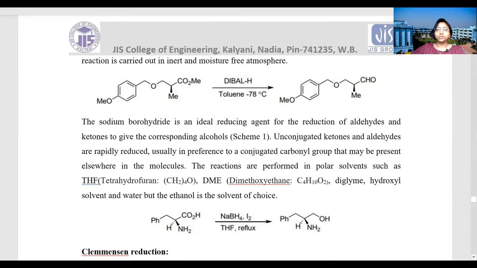Unconjugated ketones and aldehydes are rapidly reduced, usually in preference to conjugated carbonyl groups that may be present elsewhere in the molecule.